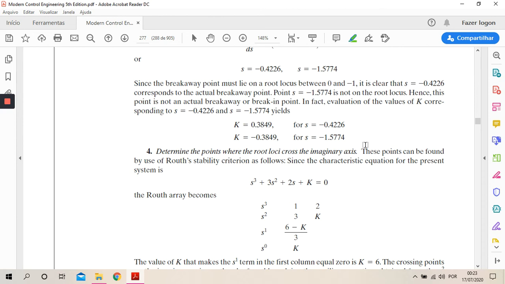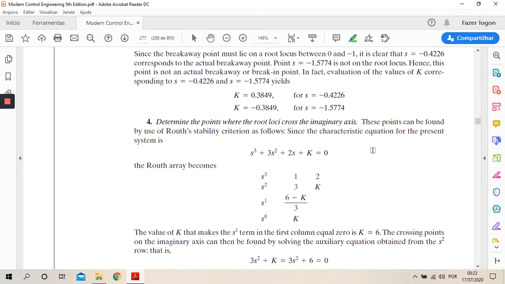In fact, evaluation of the values of k corresponding to s equal to negative 0.4226 and s equal to negative 1.5774 yields k equal to 0.3849 for s equal to negative 0.4226 and k equal to negative 0.3849 for s equal to negative 1.5774.